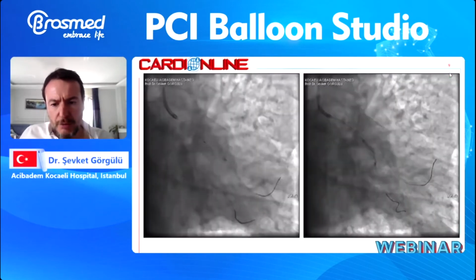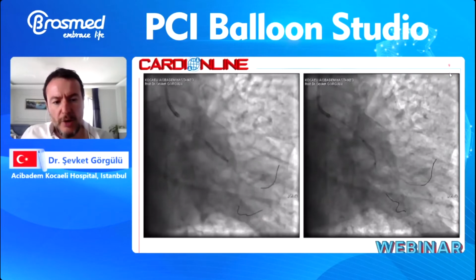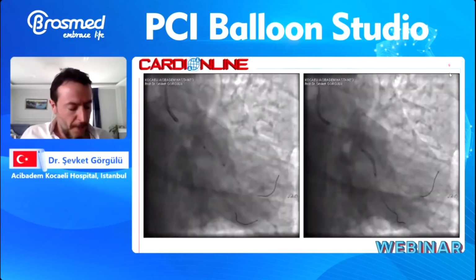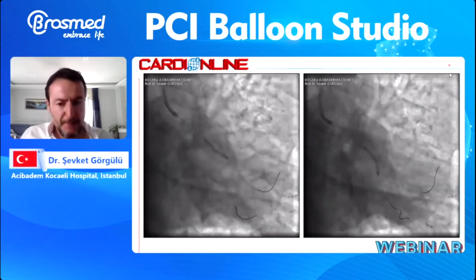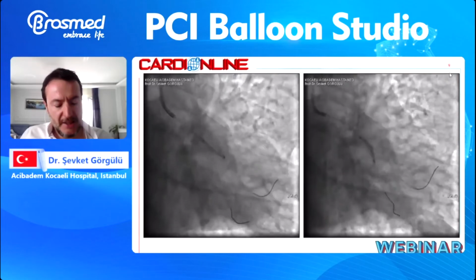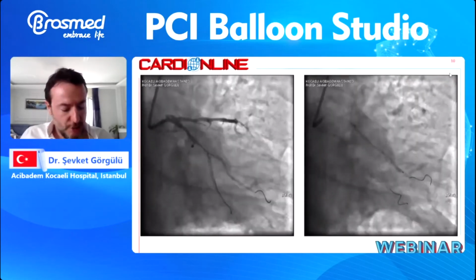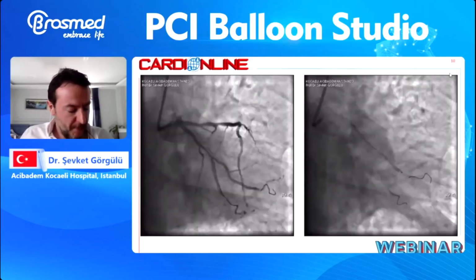I have to show you first. This is like this. Okay, you have seen the previous slide. So 2 by 20 millimeter Artemis balloon first OM, then CX. So first we solve the dissection with the stent towards the OM branch.